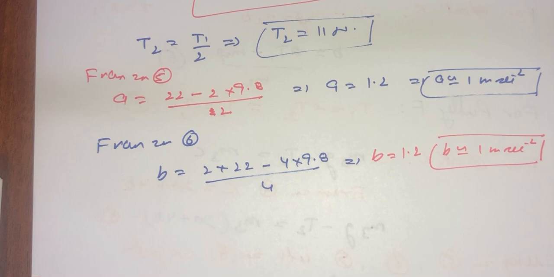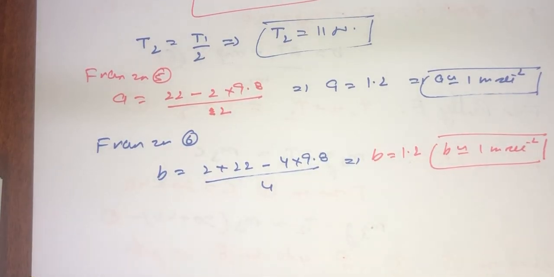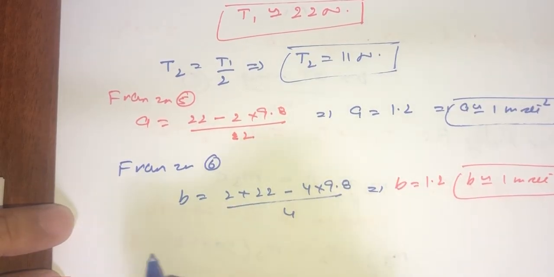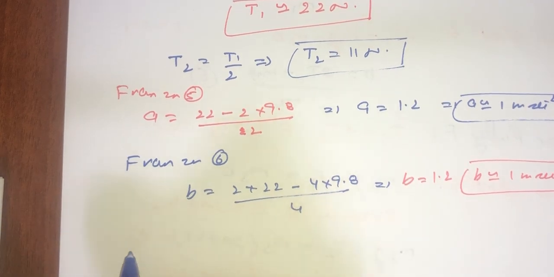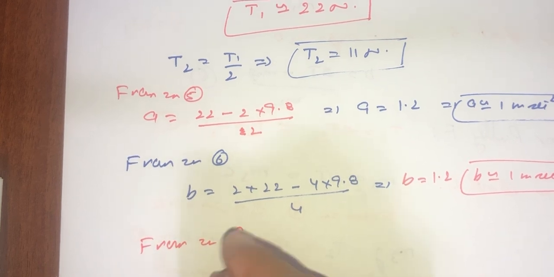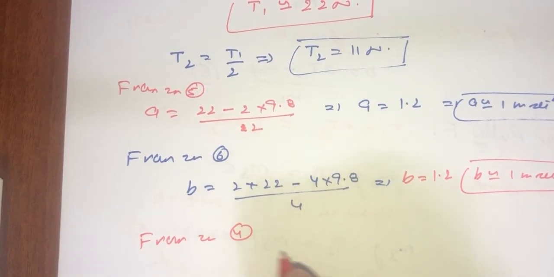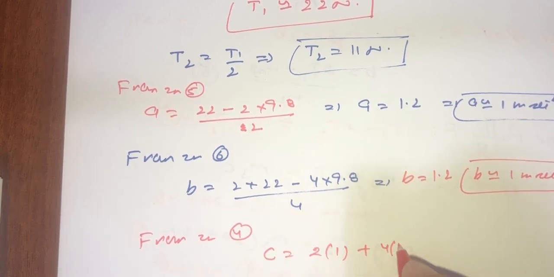And we're supposed to find out actually all the accelerations. Acceleration of C also. So we already know relationship between A, B and C. So we can say that from equation 4, C is equal to twice into 1 plus 4 into 1.